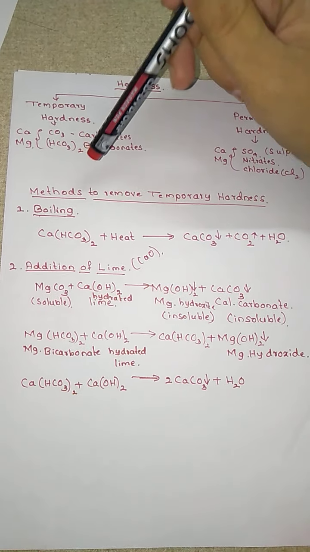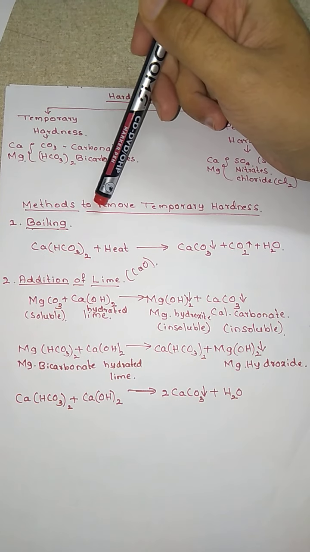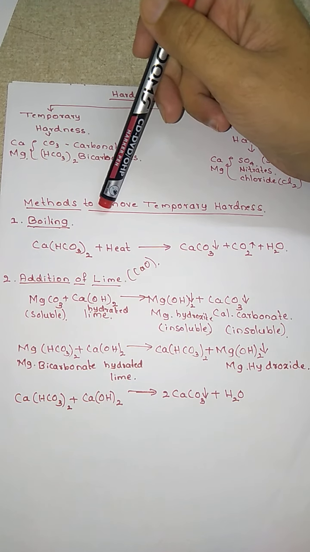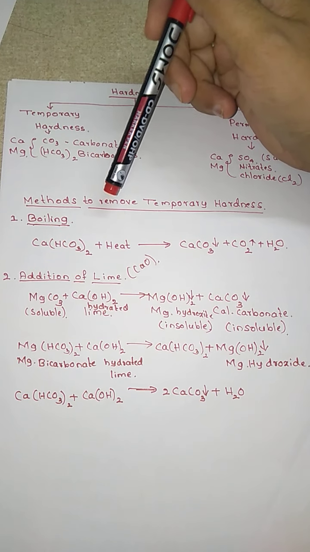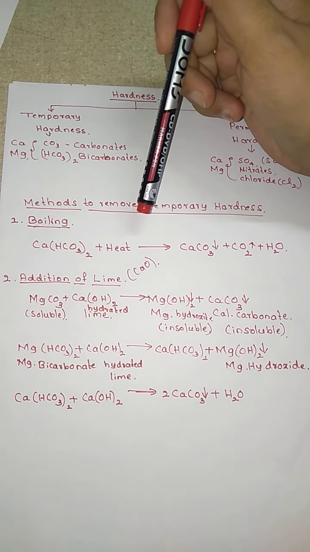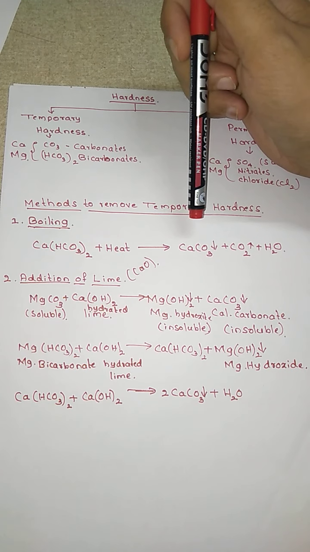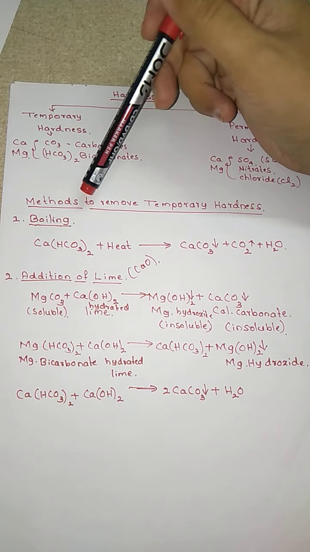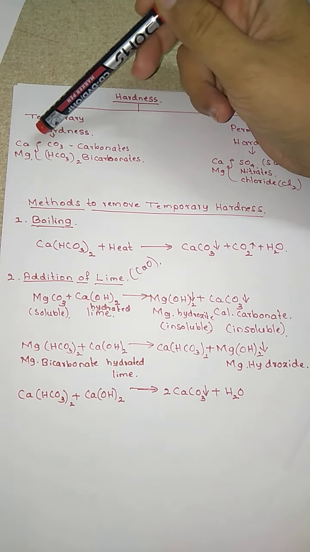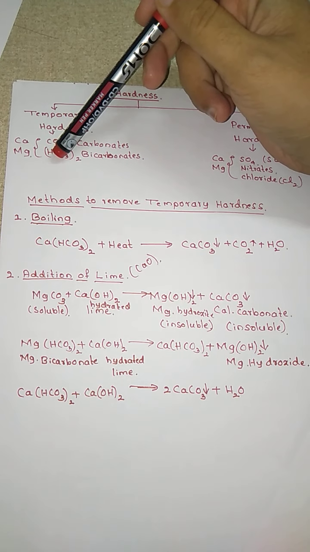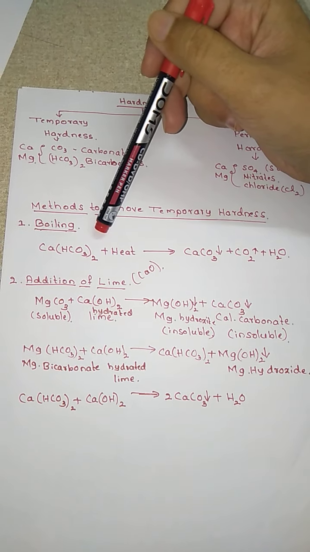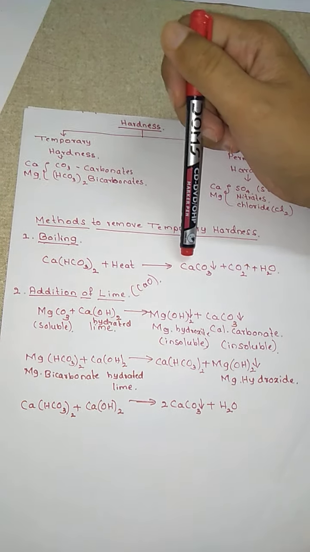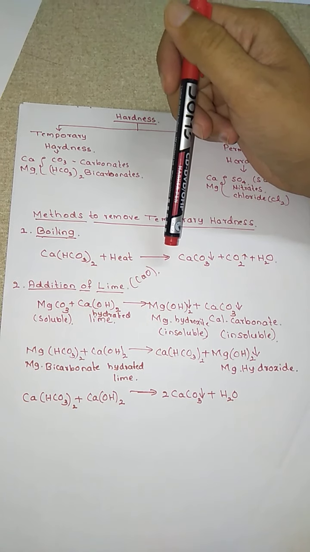Now in the boiling process, we have already seen that when we boil the water at a particular temperature, we get two kinds of advantages. First, we can kill some of the microbes in the water. The other is that the calcium carbonate or calcium bicarbonate, after heating and cooling down, settles down in the water.